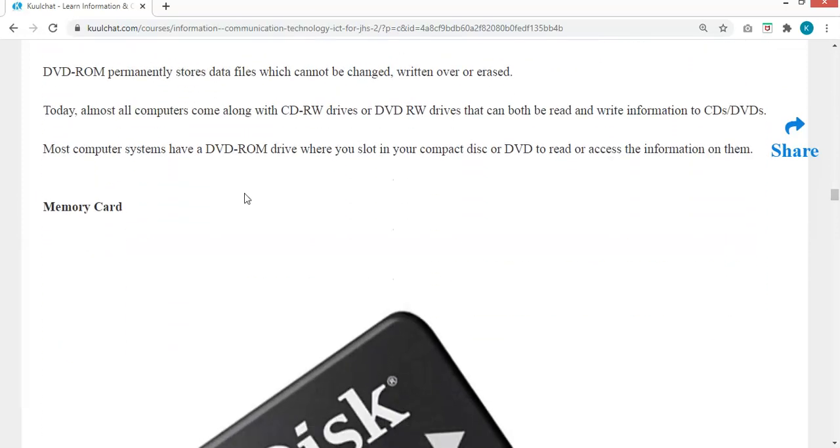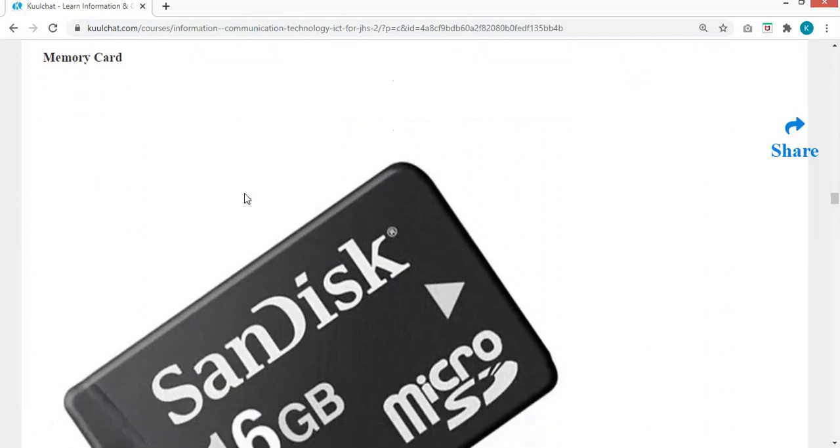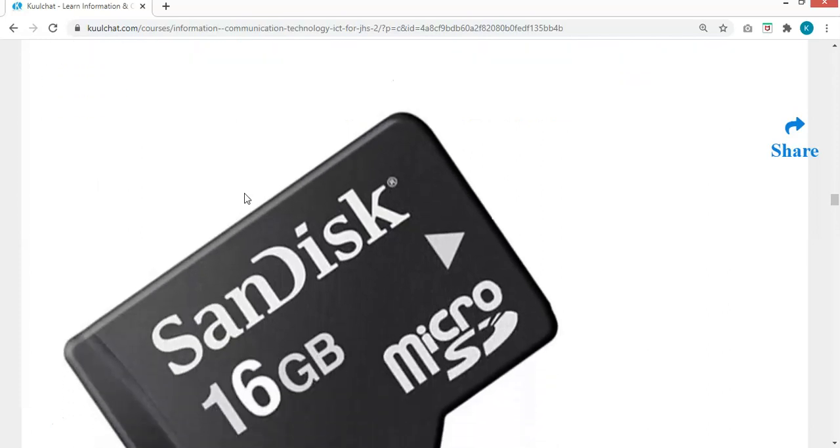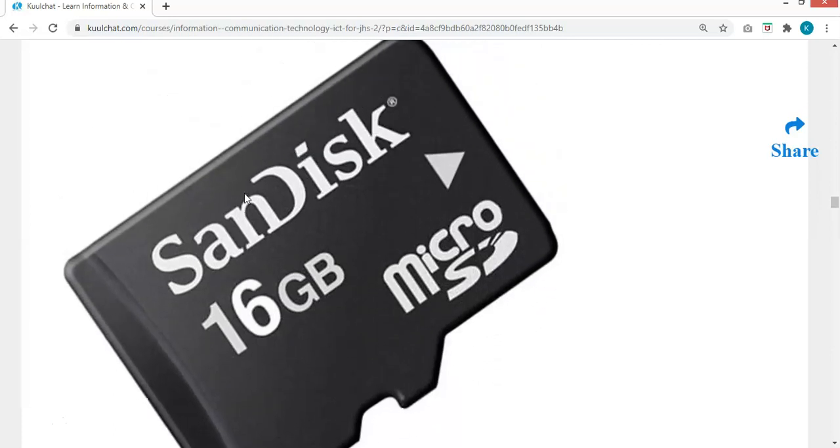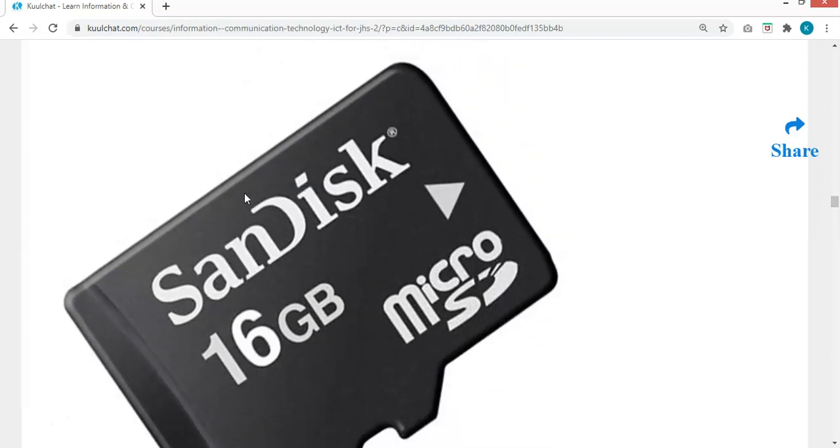Then we have the memory card. The memory card is similar to our flash drive. This memory card is similar to the ones we use on the phone. Most phones also have this SD card, which is used to store additional information other than the storage that the phone came with.